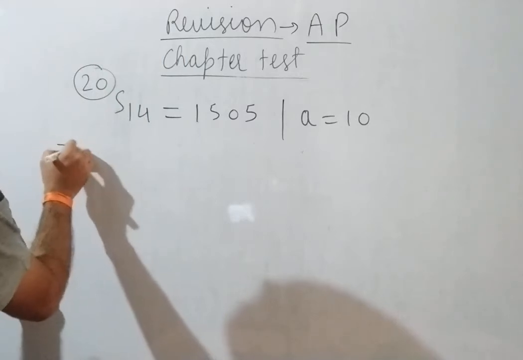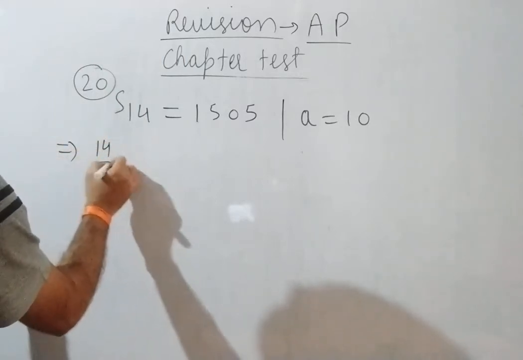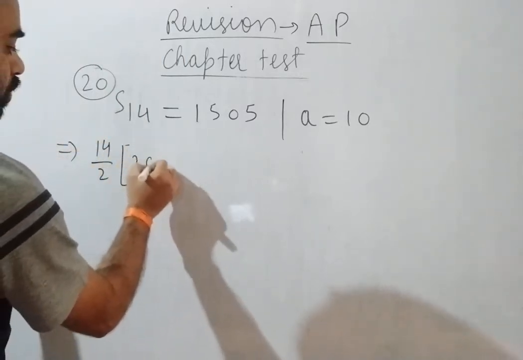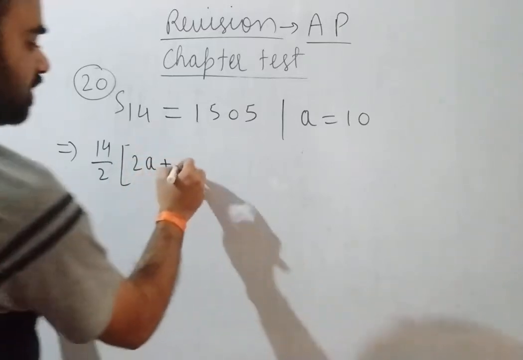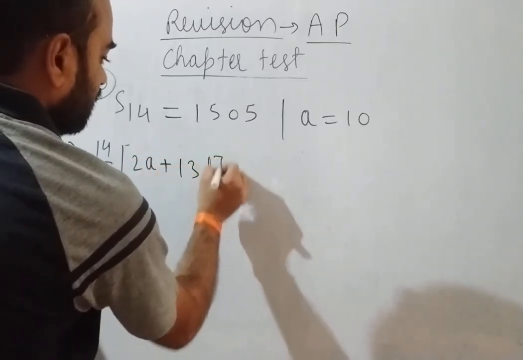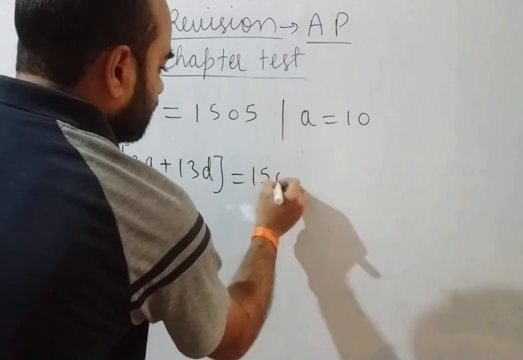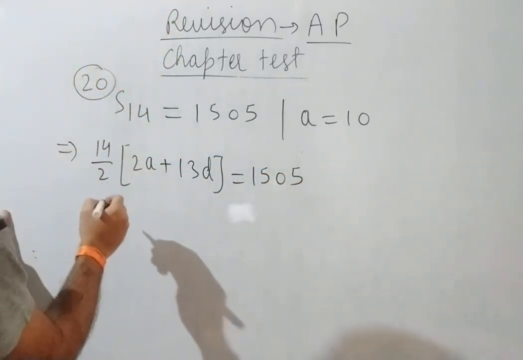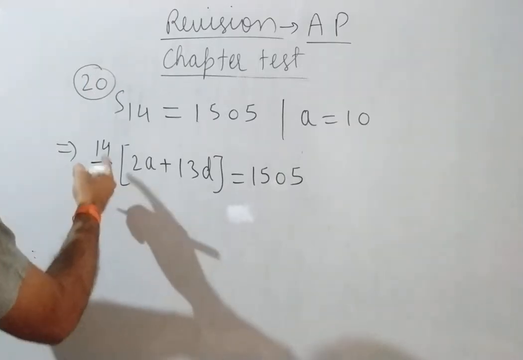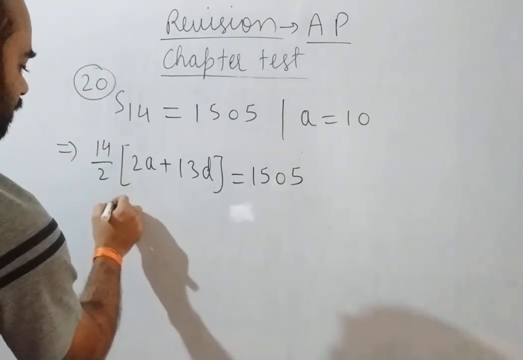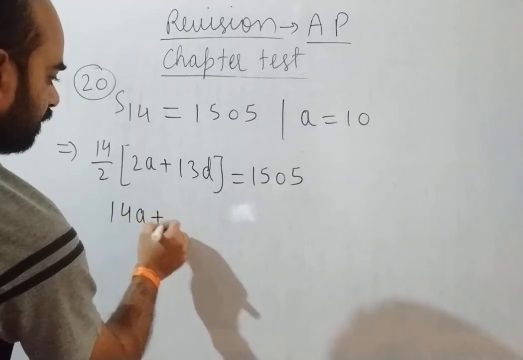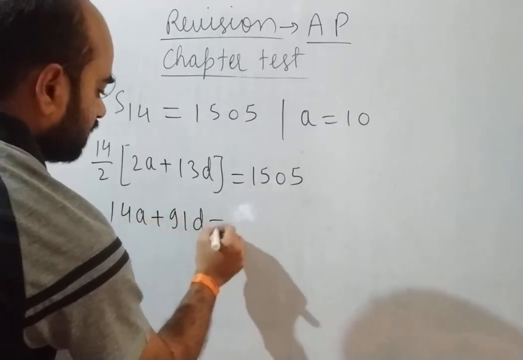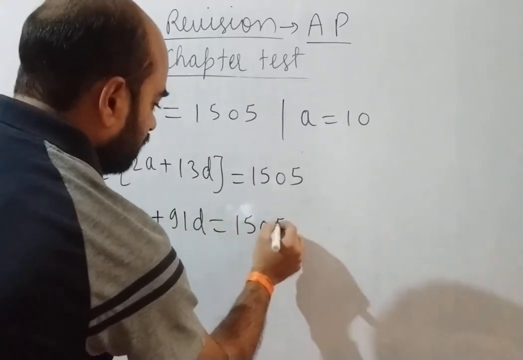14 terms, what is the formula? 14 by 2 into (2a plus (n minus 1), that means 13, d) is equal to 1505. Correct? So this will be 7. So finally this will be 2 into 7. It means 14a plus 91d is equal to 1505.